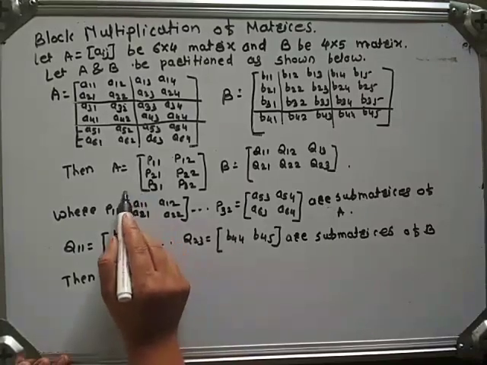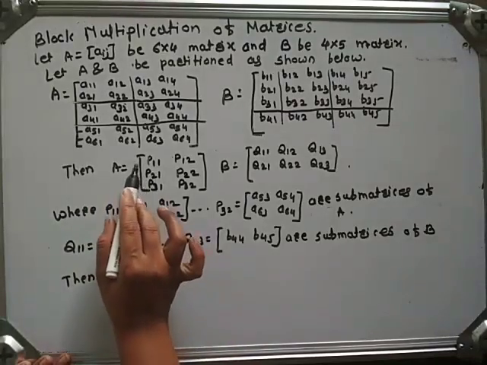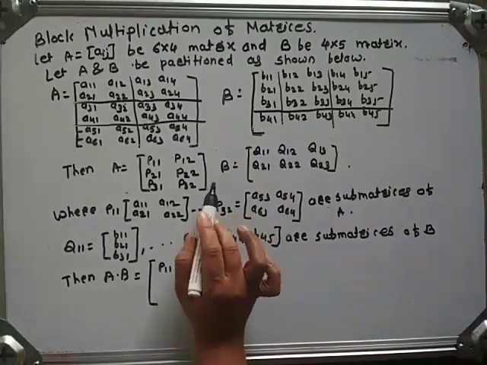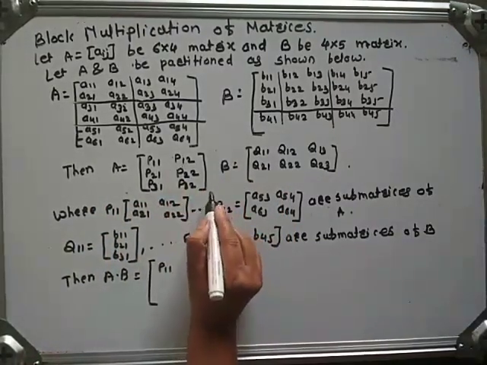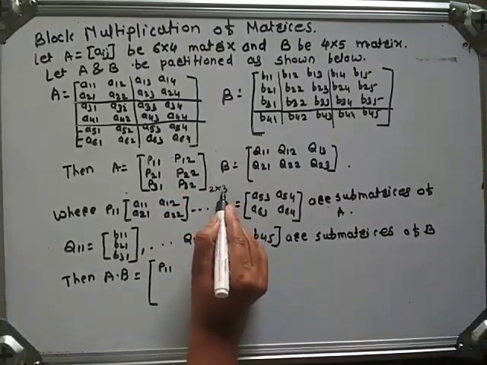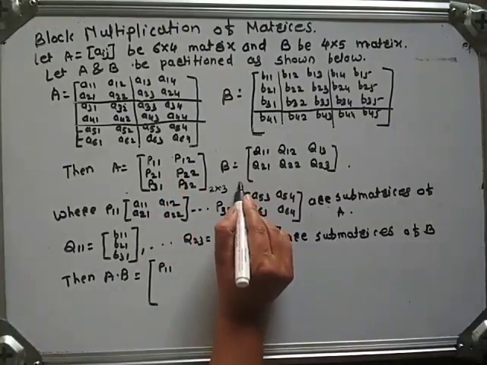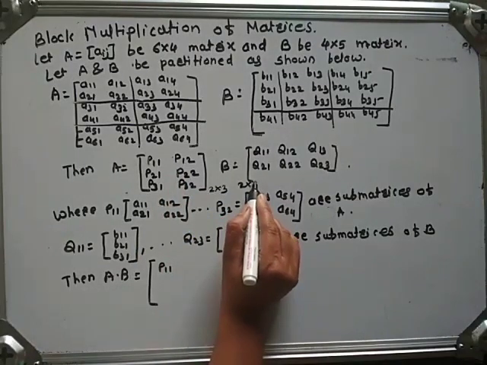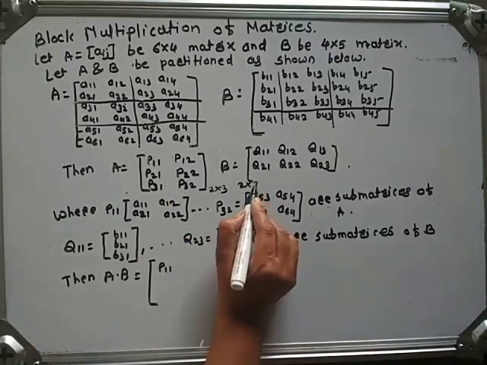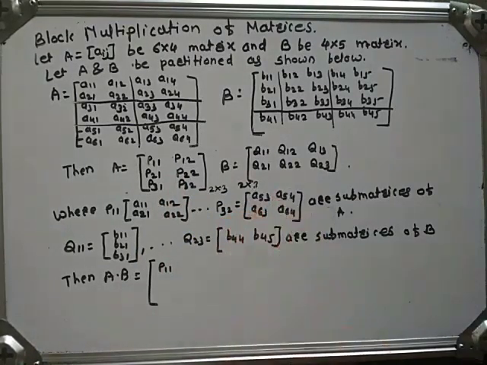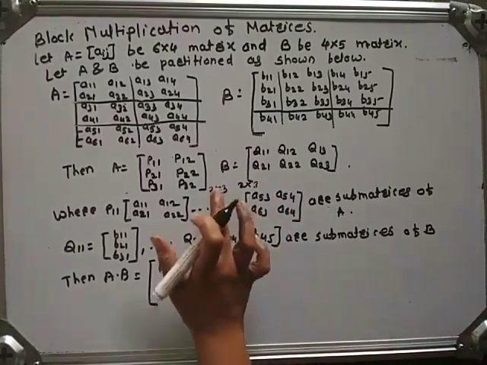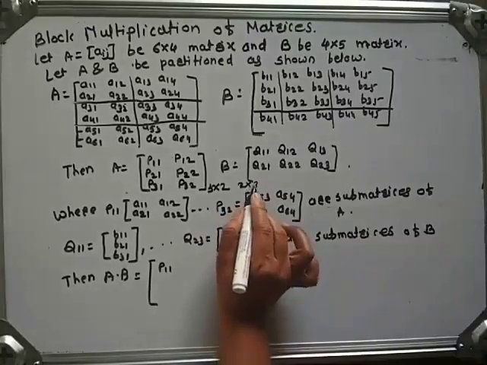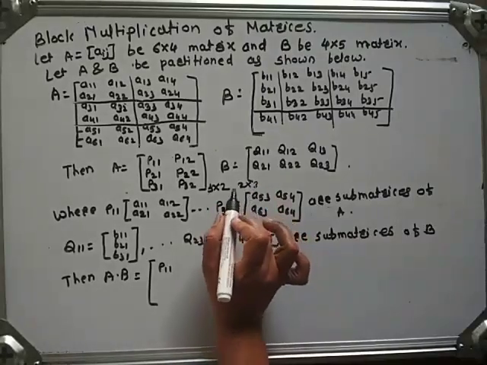See here, just think that these are two matrices and we have to multiply them. The size of this matrix is 3 by 2 and the size of this matrix is 2 by 3.